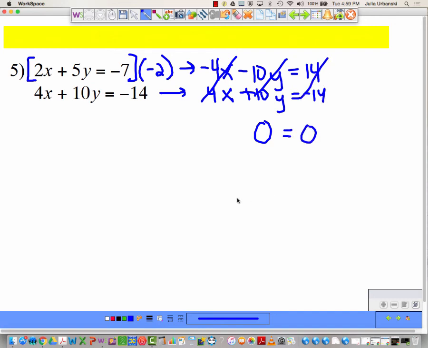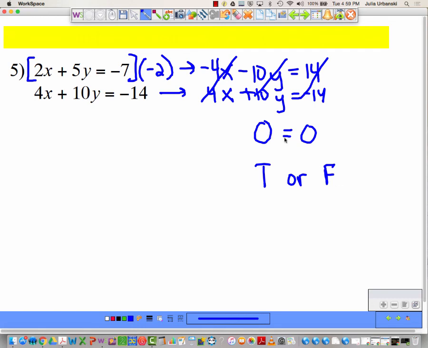You have 0. When that happens, when you have no x's or no y's or no variables left in the problem, you have to ask yourself, is this true or false? True or false? 0 equals 0. Well, it's true. And when it's true, you have infinite solutions, or all real numbers. There's different ways of saying it. If it's false, you're going to say no solution.